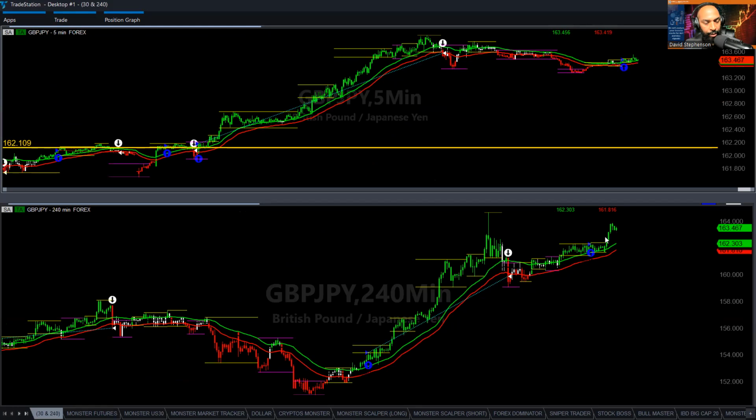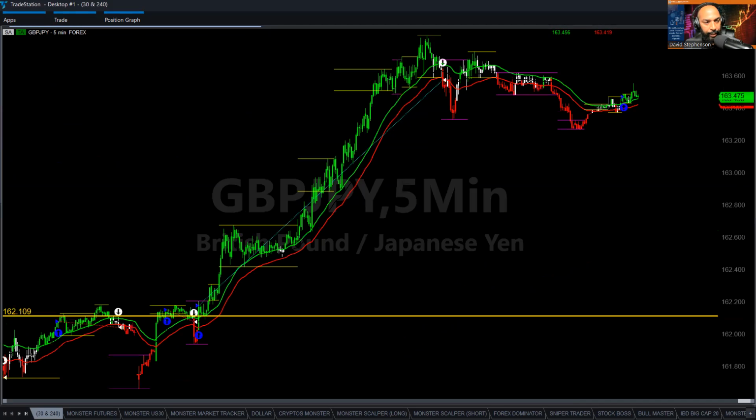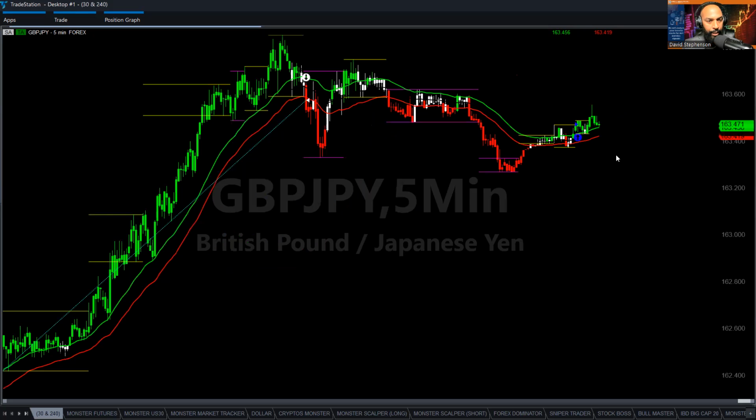It's in the markup phase. So now you're going to trade it on the 5-minute. You've got a buy signal right here, green candles. Hopefully you get another run like this.